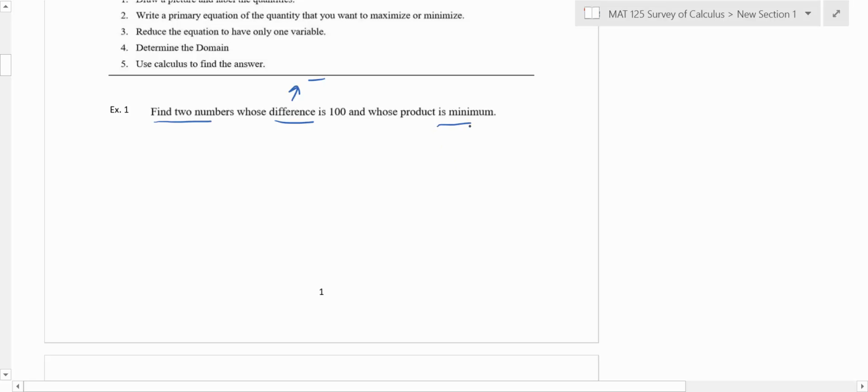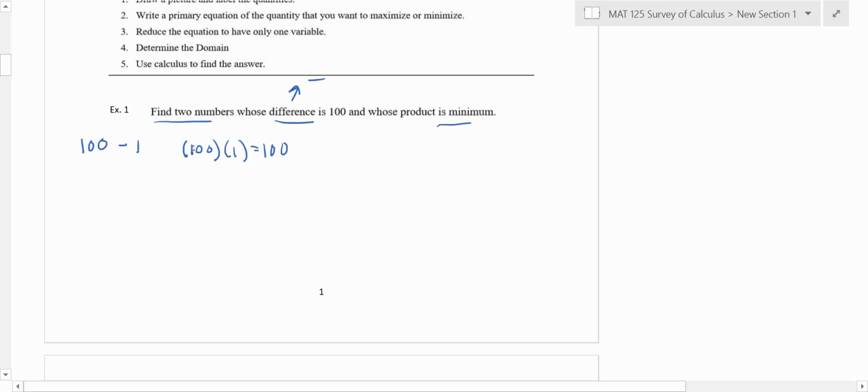So before I do the problem, I want to have you write a couple of things down to help you understand this, okay? For instance, you have to have two numbers that when you subtract them, you get 100. One possibility would be 100 minus 1. Okay, let's write that down. And then if you did 100 times 1, you would get 100.